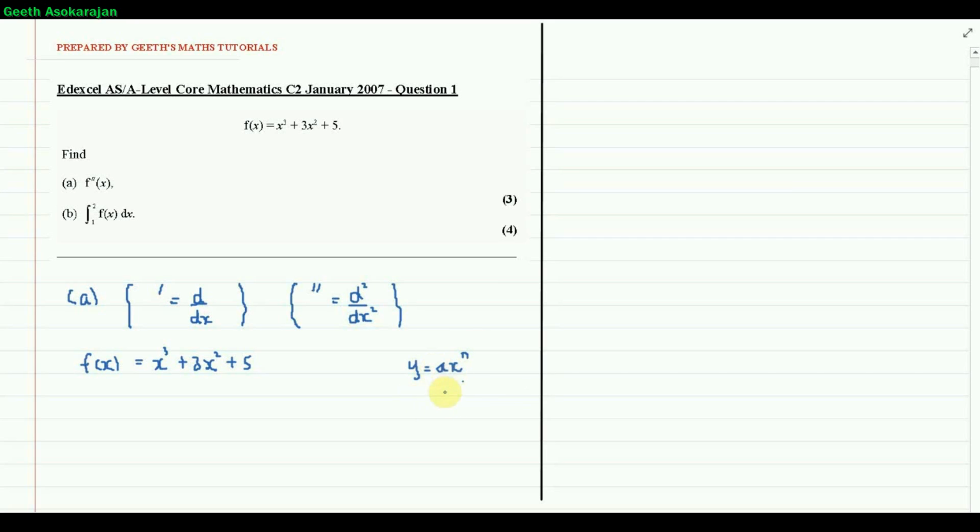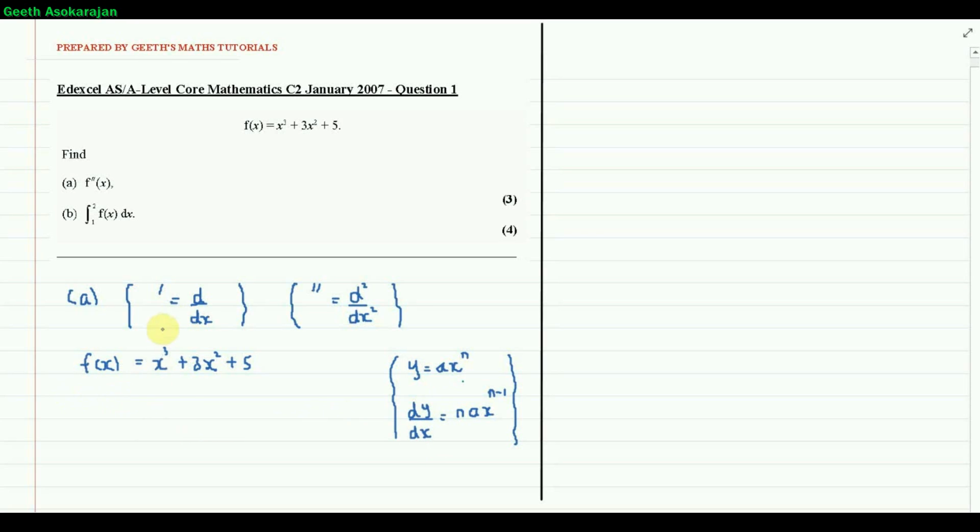If you were to differentiate, dy over dx, the derivative would be found by multiplying by the power to give you na, and by subtracting 1 from the power to give you n minus 1. Now, if you're unaware of basic differentiation, I have created videos explaining the process along with additional examples, and I'll provide links to those videos in the description below.